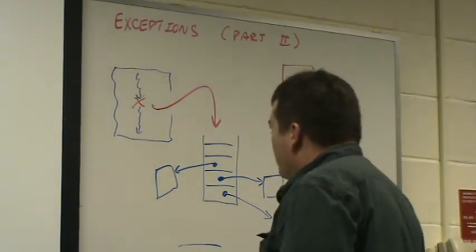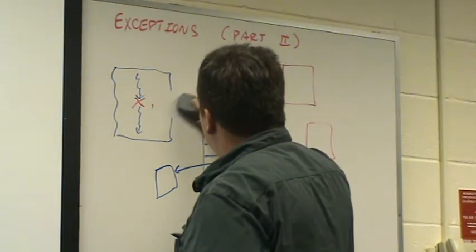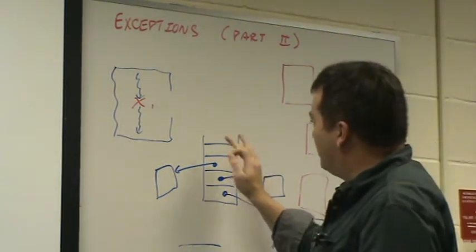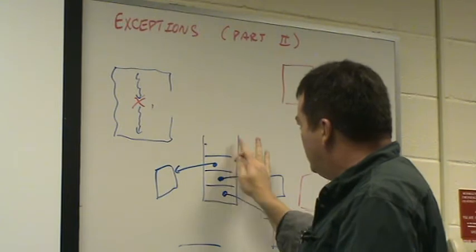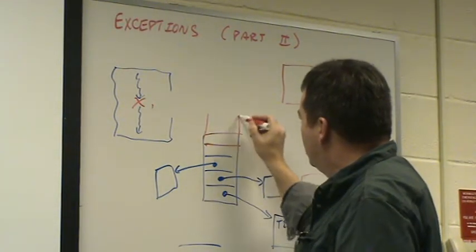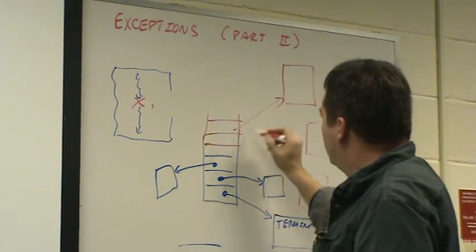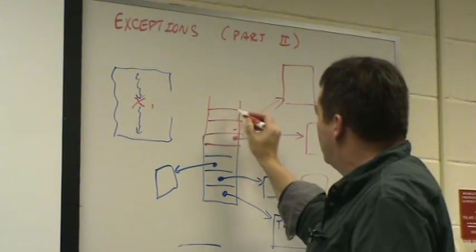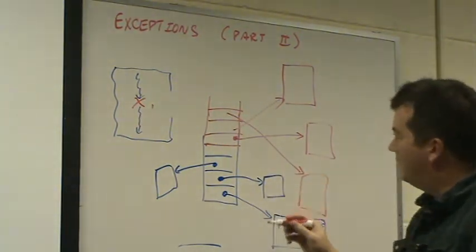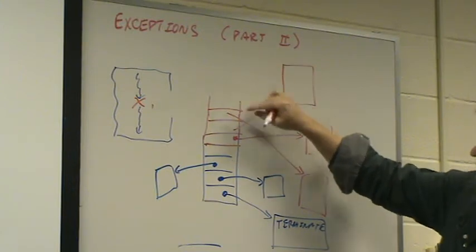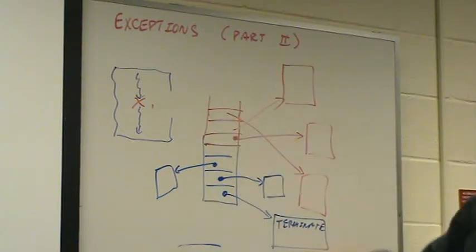Then what you can do with your try and catch routines is add on top of the operating system stack. So you can start adding more routines on top of the stack. The catch that is closest to your try block is the one on the top of the stack.